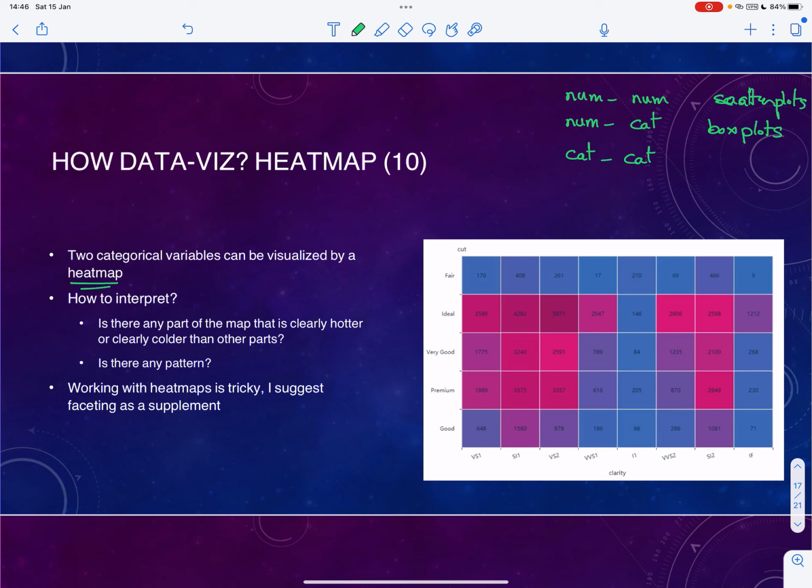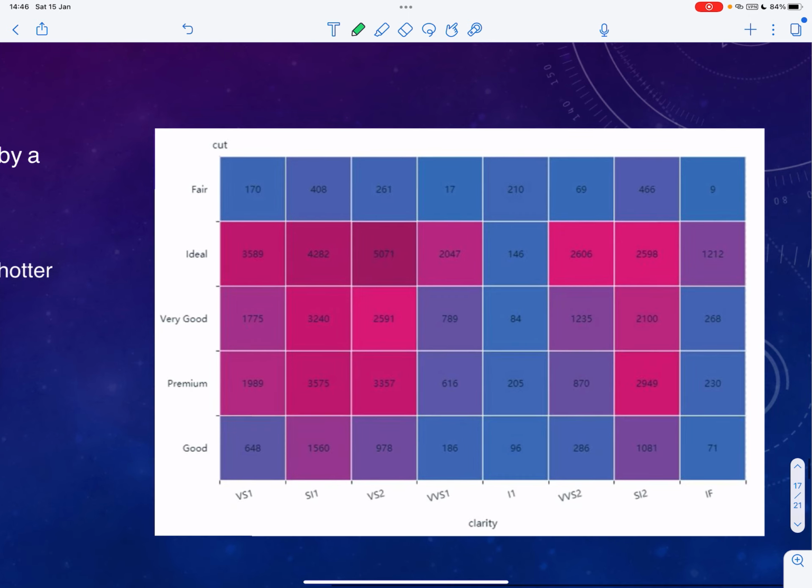Two categorical variables can be visualized by a heat map. This is a way to visualize it. A heat map is basically a map where X and Y are both categorical. So Y here is cut, X is clarity.